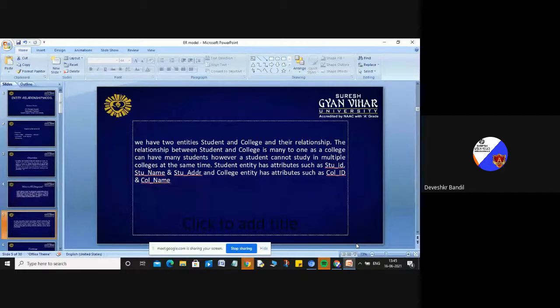The student entity has attributes such as student ID, student name, student address, student area, student phone number, student college, etc. There are so many characteristics of a student.